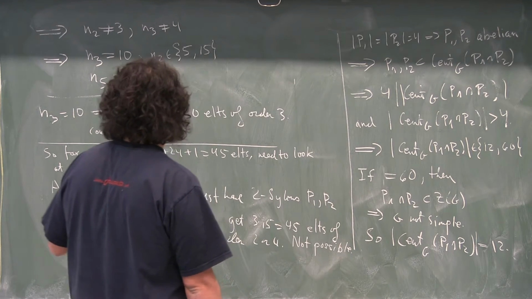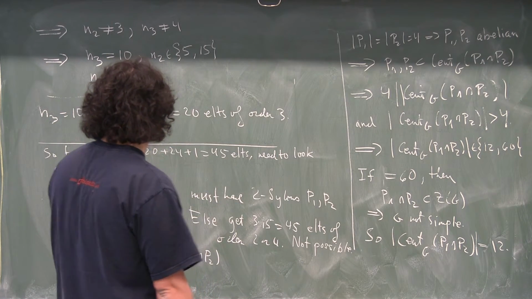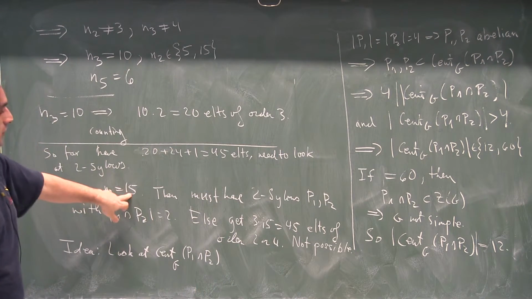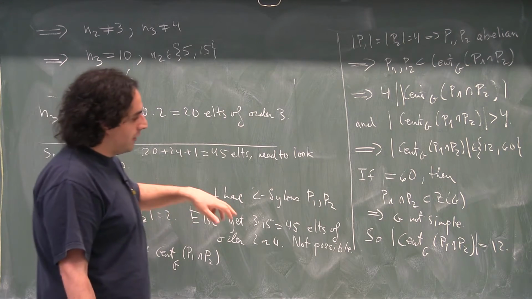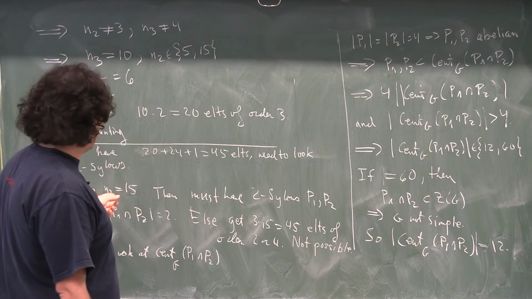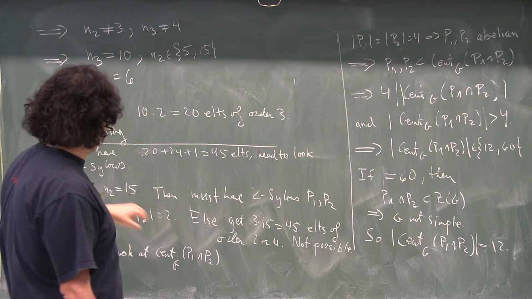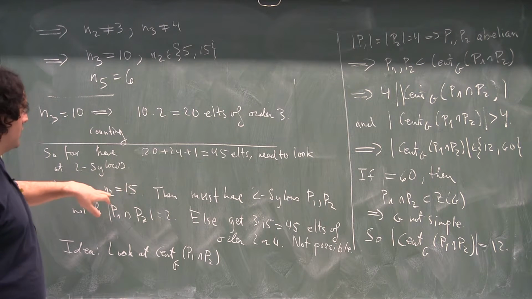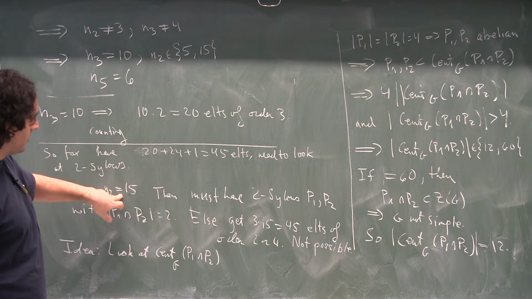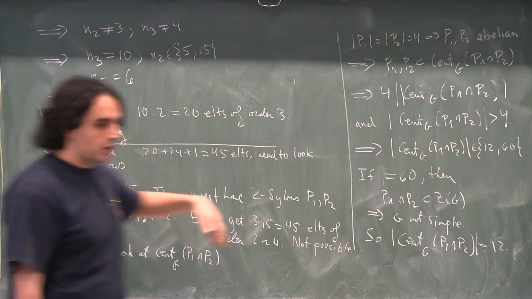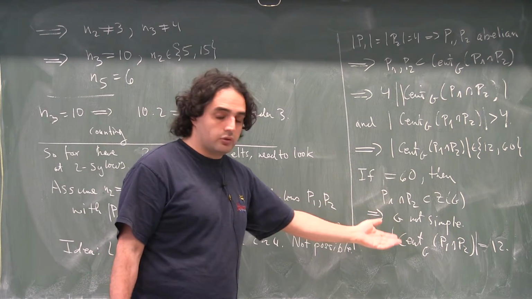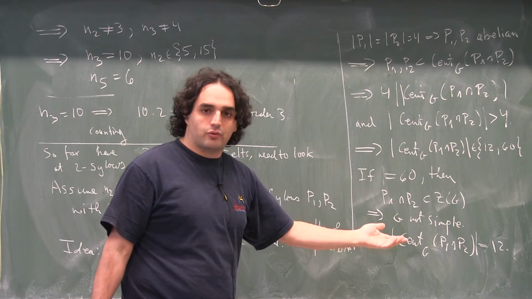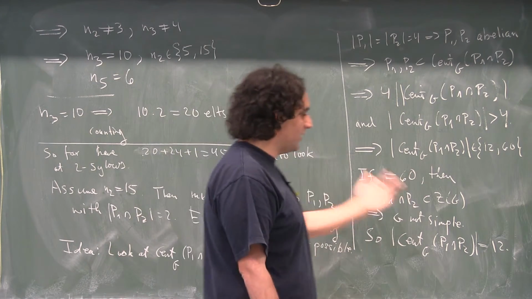That will finish, remember, this was all happening under the assumption that N2 is 15. Okay? So we will later also have to show that, in fact, N2 is not 15. So assuming the false assumption that N2 is 15, we get the conclusion that we want, that G is isomorphic to A5.